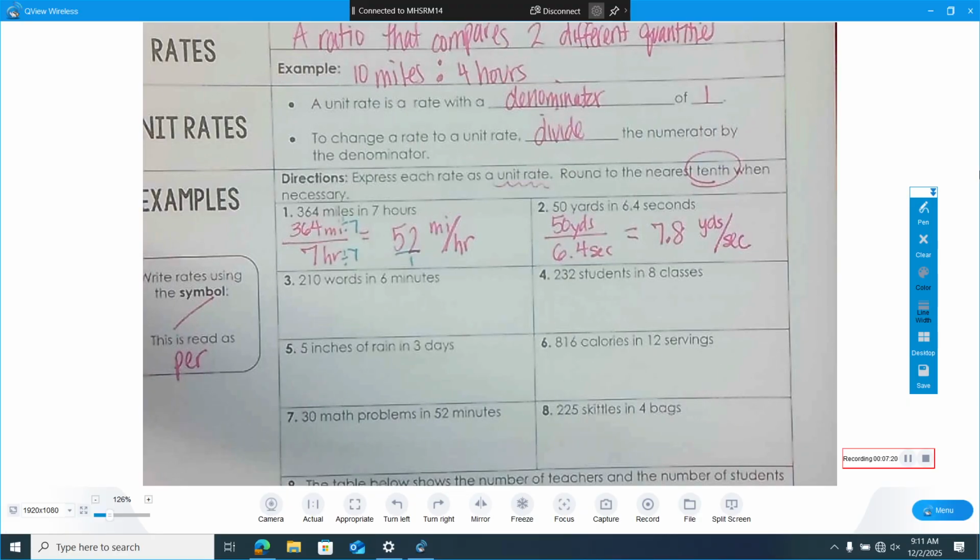It would be 1.7. Yeah, to round to the tenths. Make sure you're keeping the units on there.